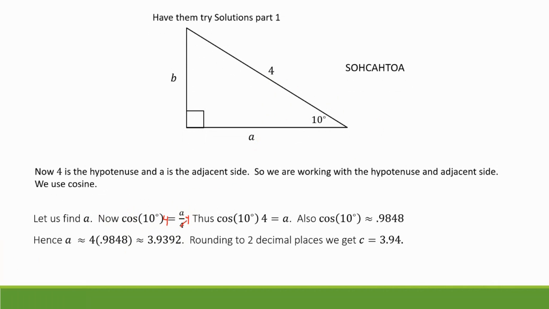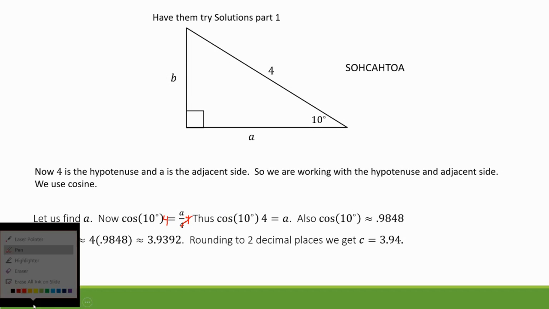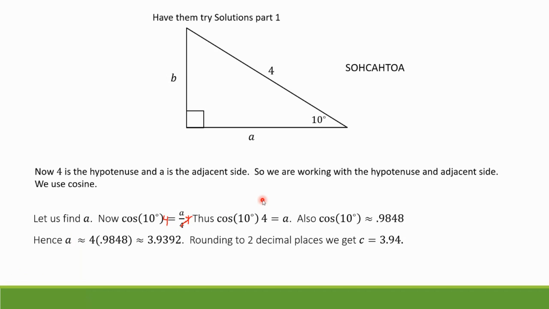Because now these 4s cancel, and we're left with A, which is 4 times the cosine of 10 degrees. That is what we get here.